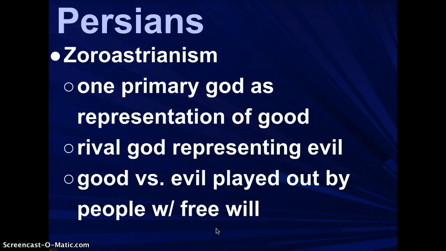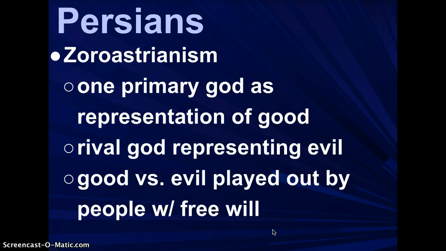The Persians will also bring in the religion Zoroastrianism, and Zoroastrianism is playing out between a good God and a bad God, evil versus good. So two gods, which means polytheistic. Poly, P-O-L-Y, which is many, and theistic, T-H-E-I-S-T-I-C.